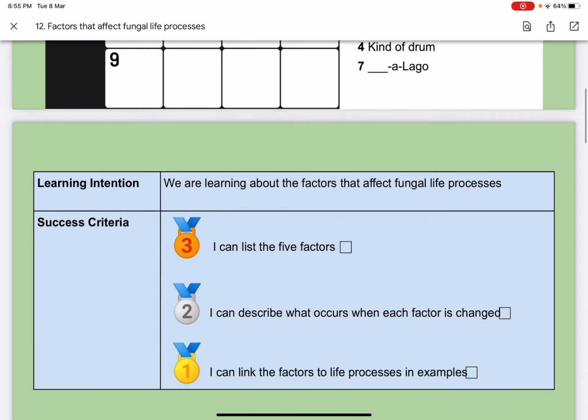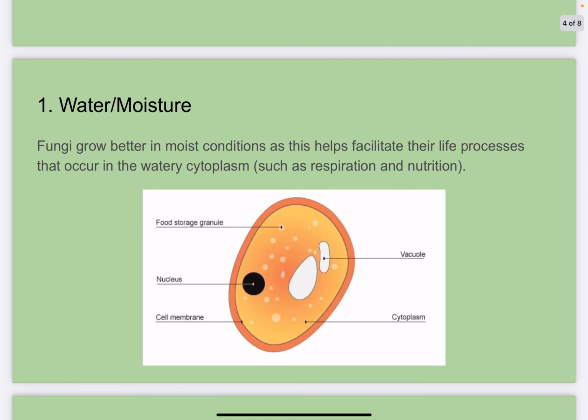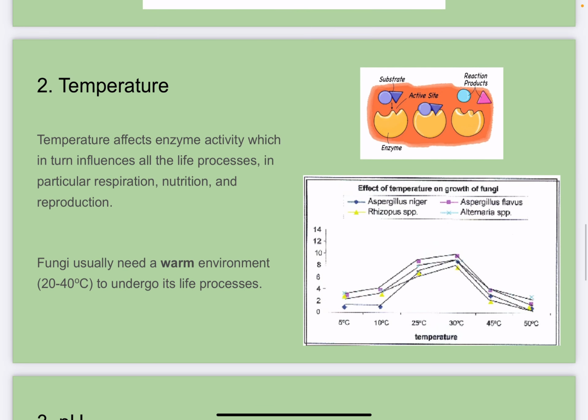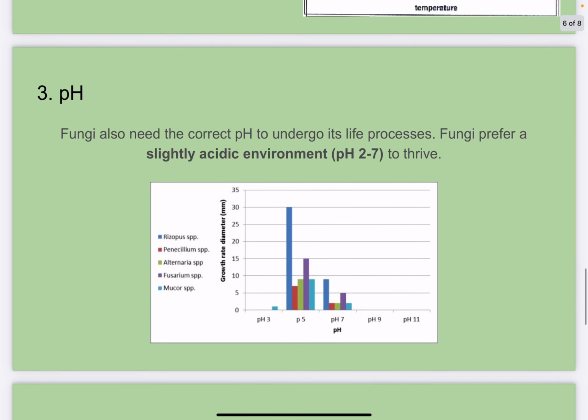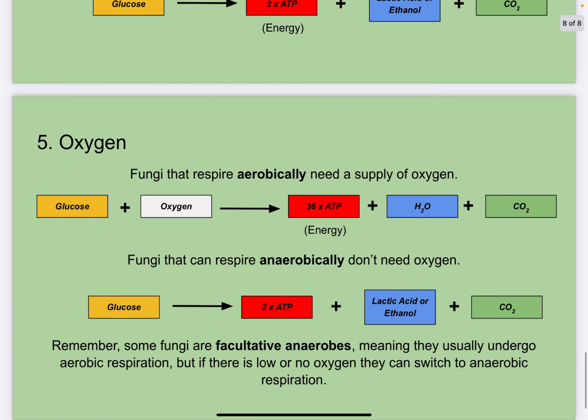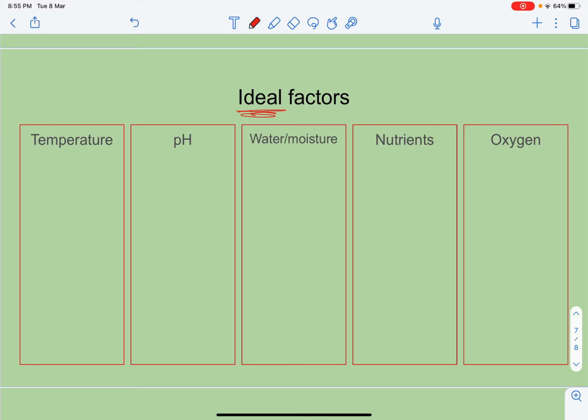So it basically already tells you what the factors are that they need. Now, for some things like oxygen, you're going to have to research it. You might have to research temperature to find the exact ideal temperature. Same thing with pH. Nutrition, what is its ideal nutrient? And does it need or does it not need oxygen? So once you have each factor, that's when you write it back into this box.